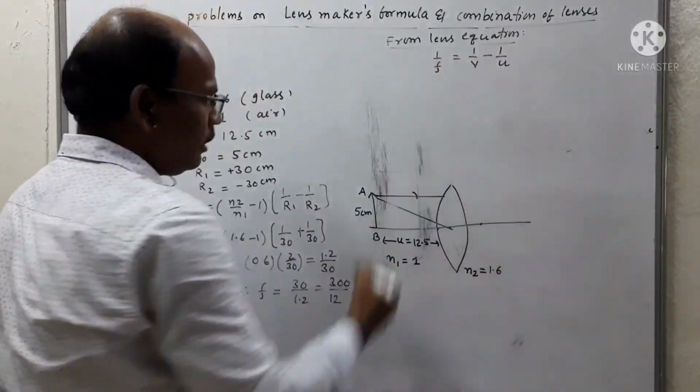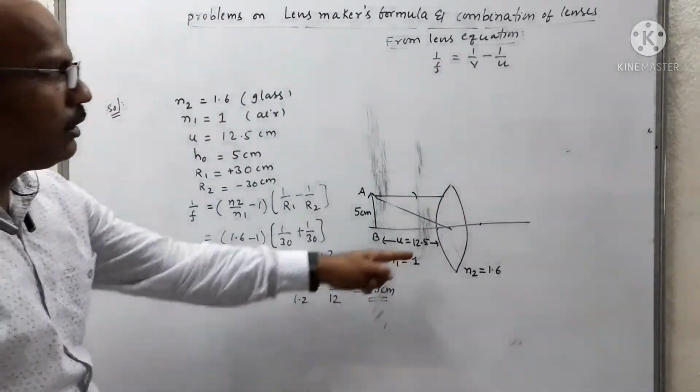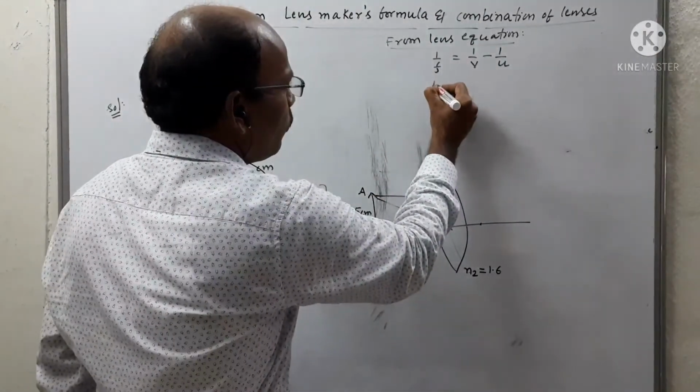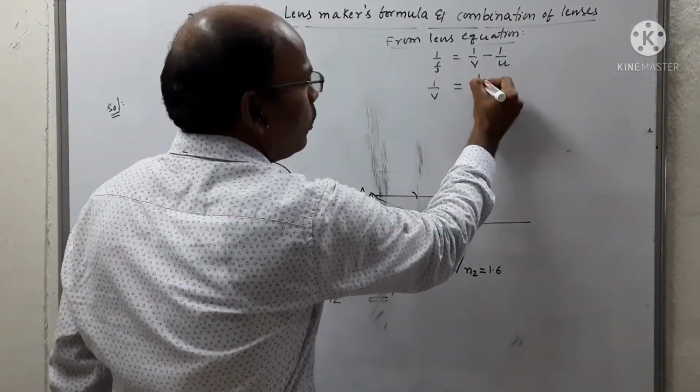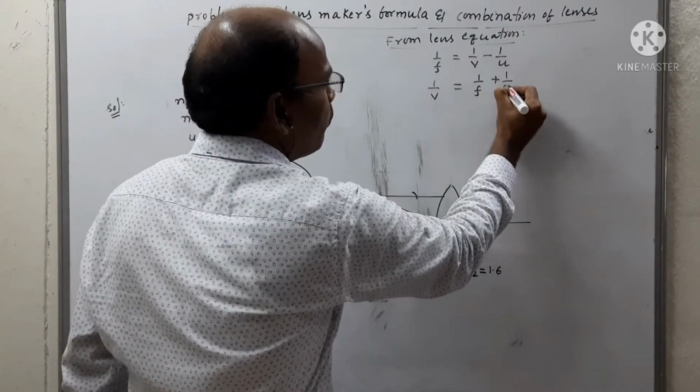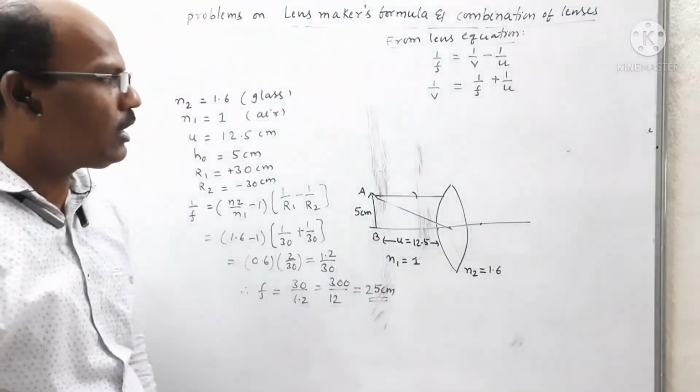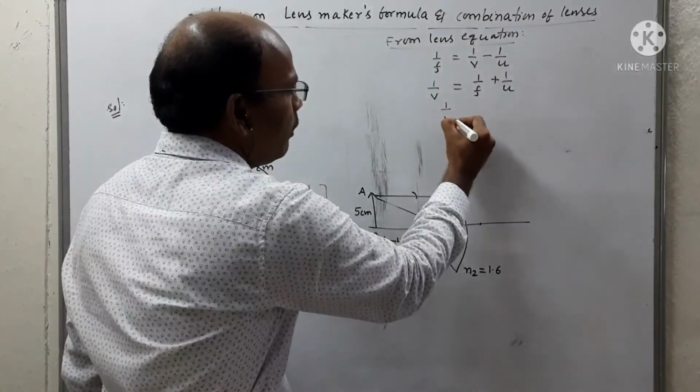So 1 by v is equal to 1 by f plus 1 by u.